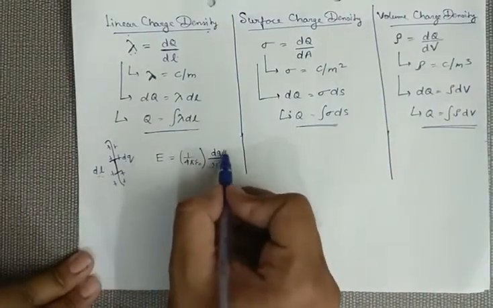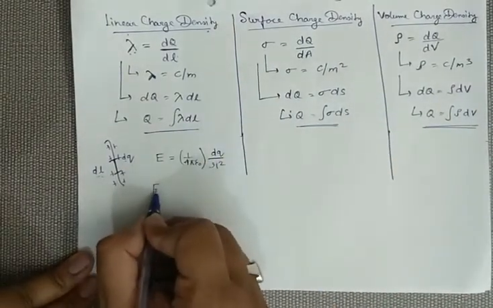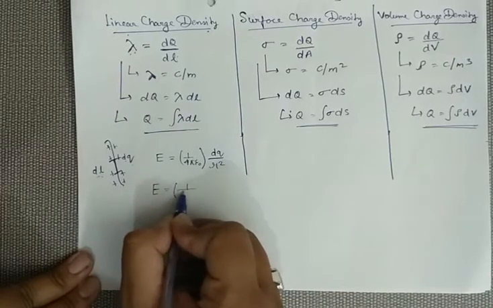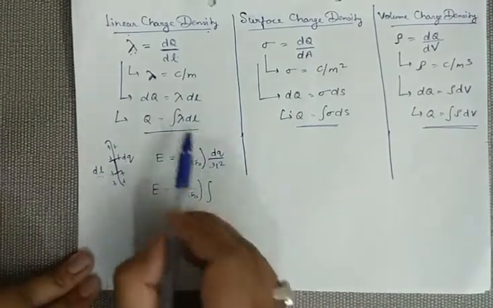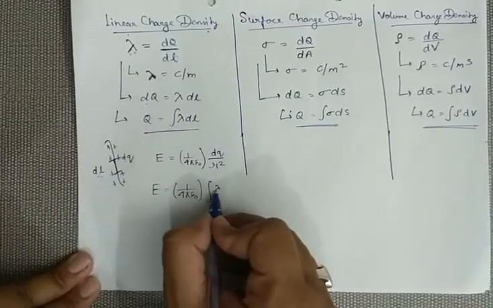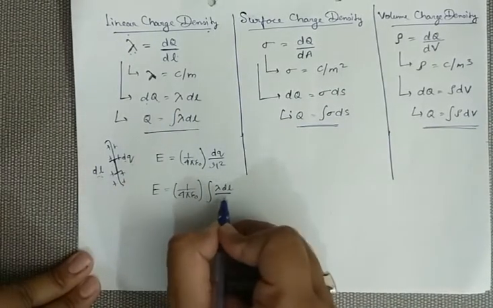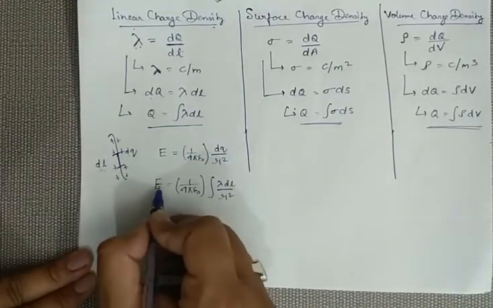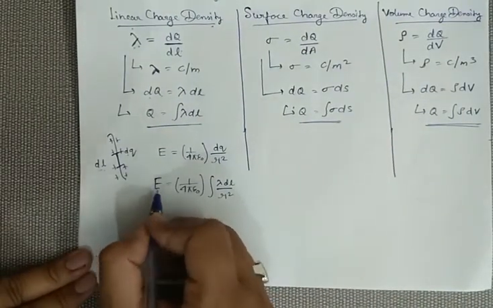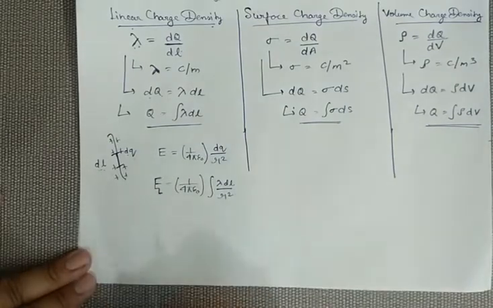Now if I take the complete wire, electric field equals 1 upon 4 pi epsilon naught integration, and instead of dq I can write integration of lambda times dl by r square. By using this formula we can find the total electric field, which is along the length of the wire.